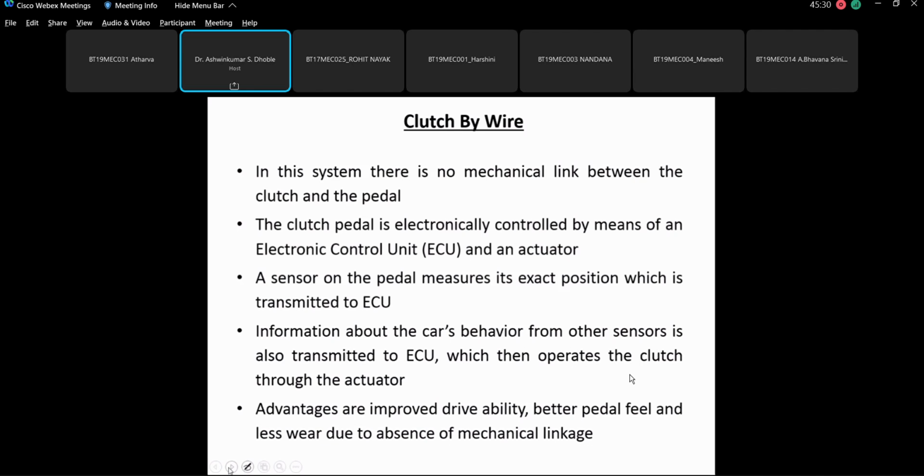Okay, so as I was telling you in previous classes also, if you use the modern vehicle which is having all these kinds of system, the fly-by-wire and all those things, so almost 3,200 sensors are to be used in the vehicle.